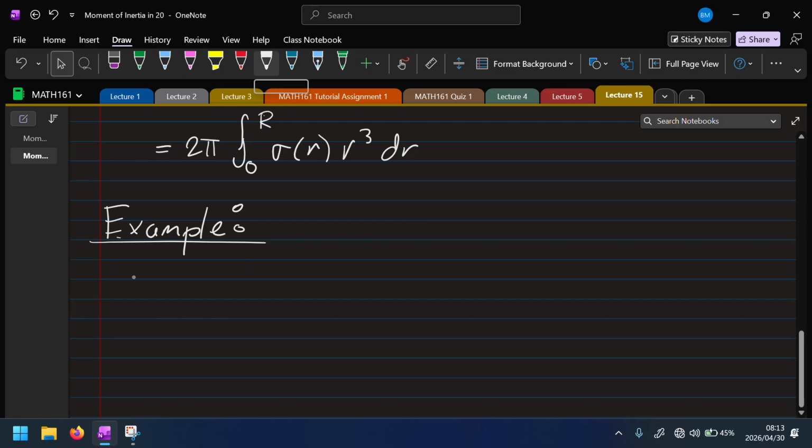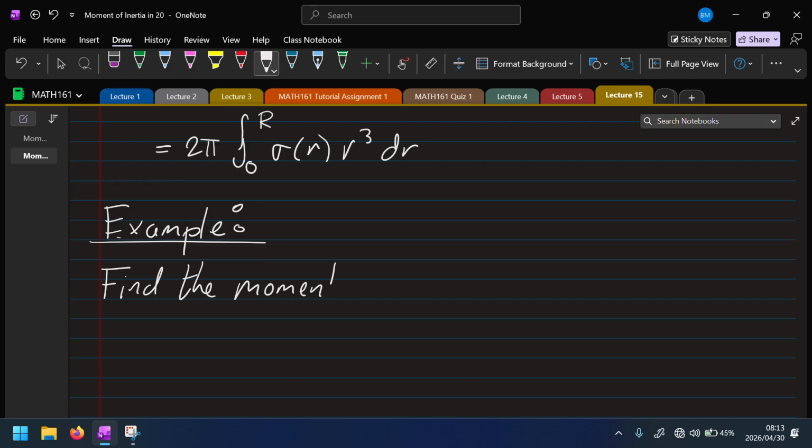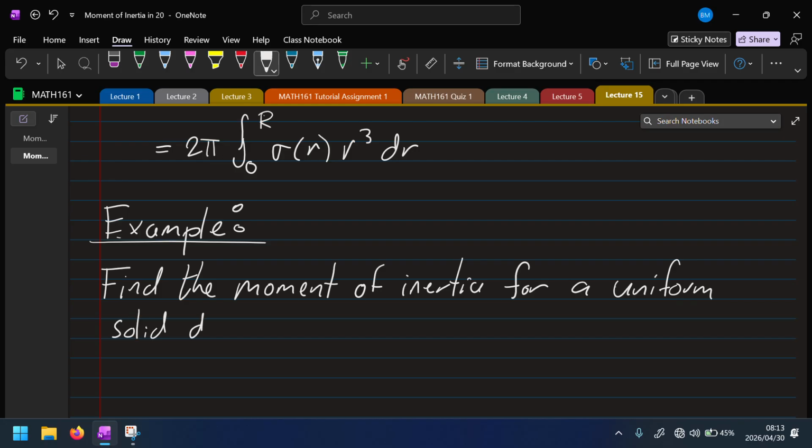Okay, example. Find the moments of inertia for a uniform solid disk. So very easy question.